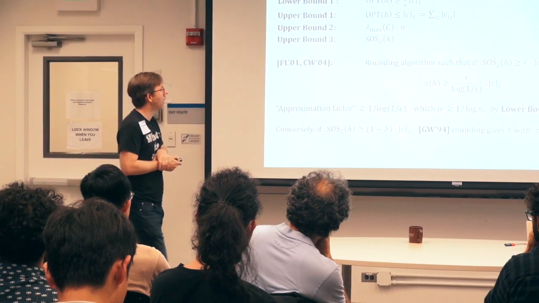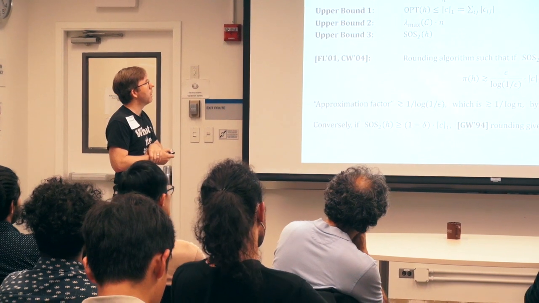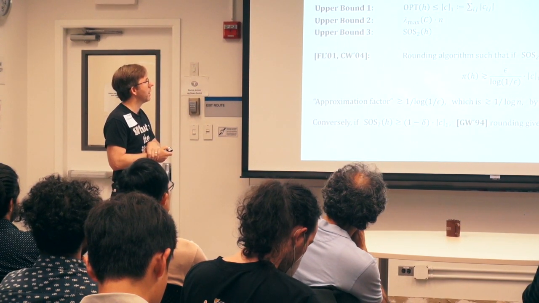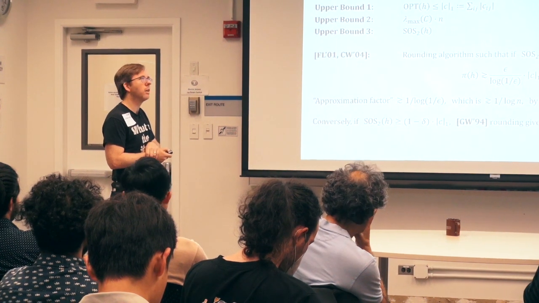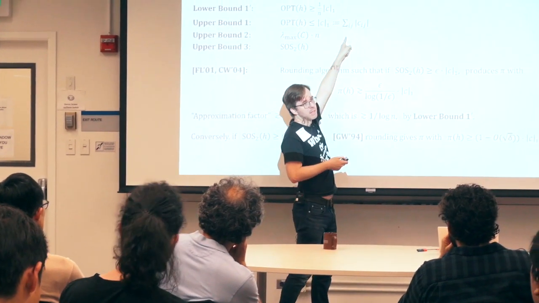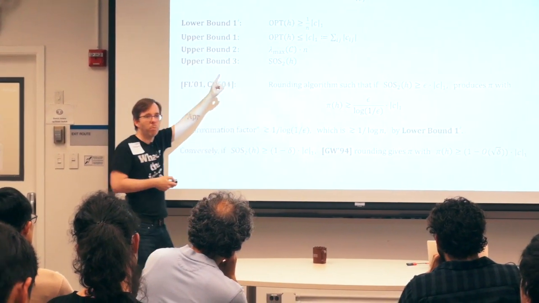Oh, no, well, it may be that your instance doesn't have an assignment that gets anywhere close to this. If you remember the Sherrington-Kirkpatrick example, there this naive upper bound was like n squared, but the actual optimum is like n to the 1.5.